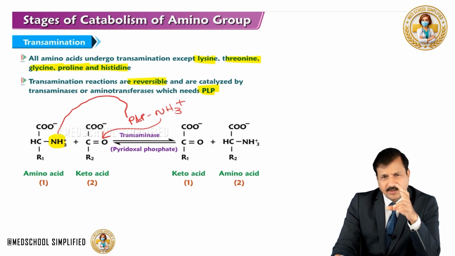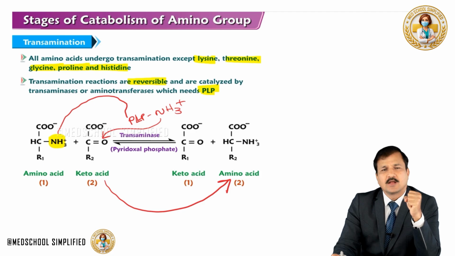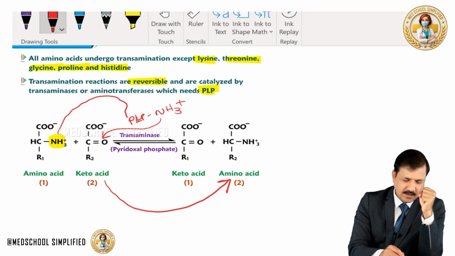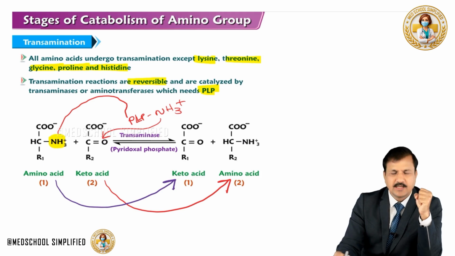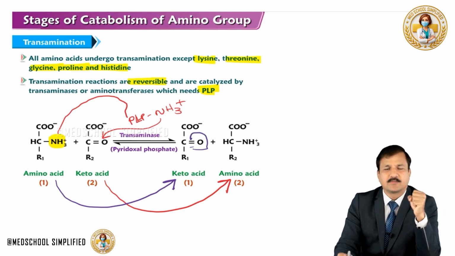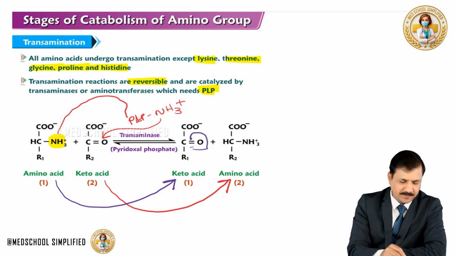Now once alpha keto acid receives that amino group from PLP, that alpha keto acid is now converted to a new amino acid, while your original amino acid will be converted to alpha keto acid because it has lost its amino group in its alpha carbon. And this is how a transfer of amino group happens.